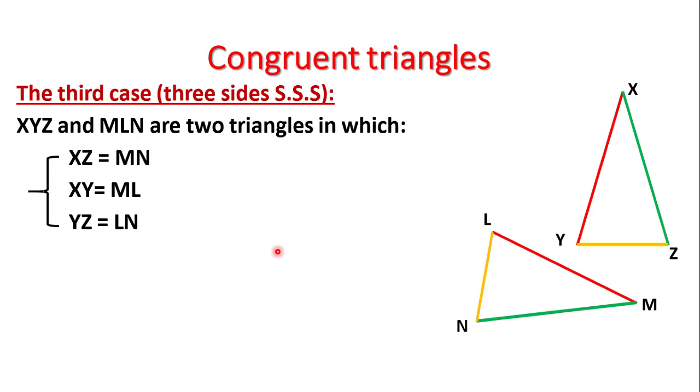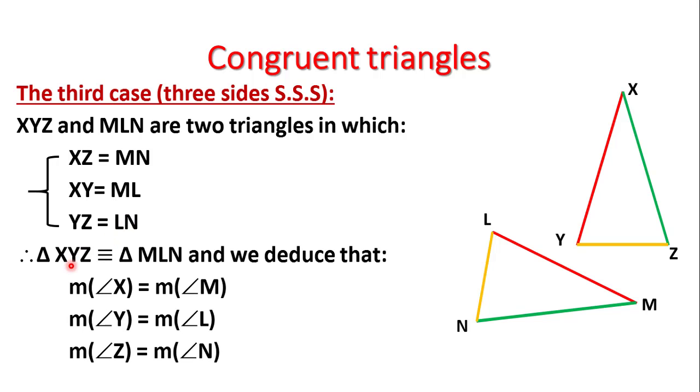So the conditions here are the congruence of the three sides: XZ equals MN, XY equals ML, and finally YZ equals LN. In the same way, we deduce that the two triangles are congruent, and from congruency we can write the three elements.